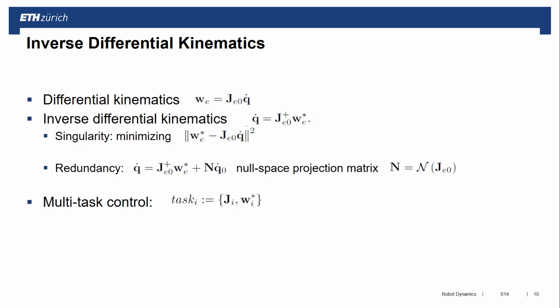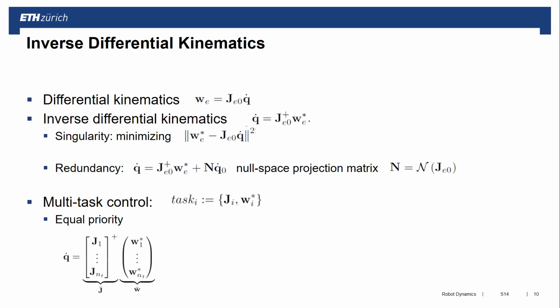Now, if I have a set of tasks, I can solve them in 2 ways. Option 1 is I give them equal priority. So that means we just stack all the tasks, all the Jacobians, we take the pseudo inverse, and we stack all the desired velocities on the other side. What does that mean?